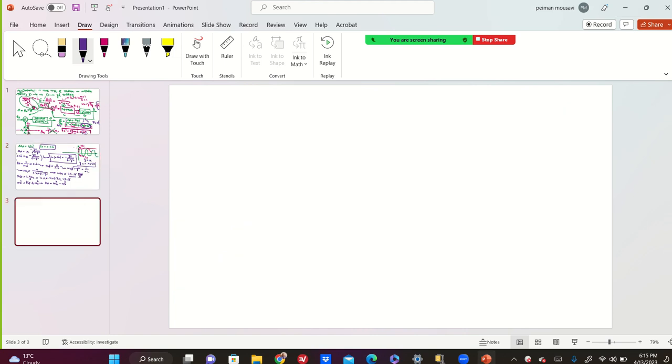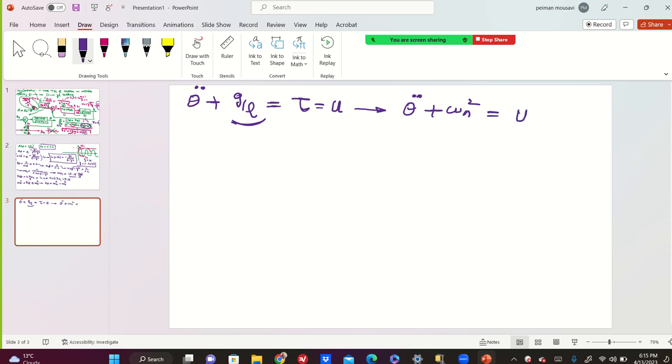So, remember the first class. The original differential equation was this: g over L is equal to tau, or U. Remember the first class for the pendulum? We said this is the natural frequency squared. Omega n squared is equal to U.